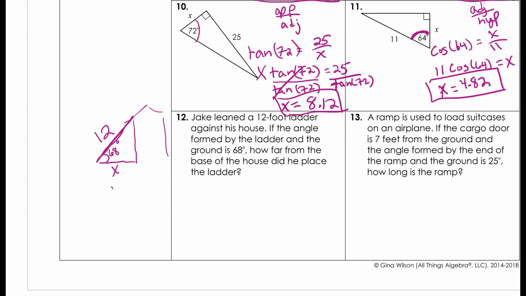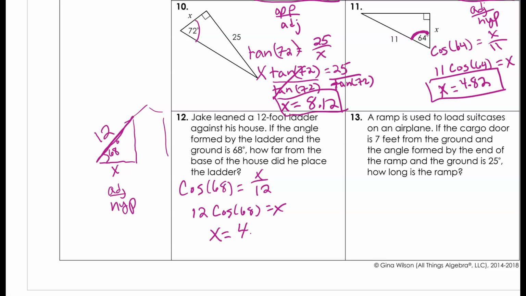So I'm looking at an adjacent over hypotenuse, which means I'm dealing with a cosine situation. Cosine of 68 degrees is equal to x, I don't know, over 12. 12 times cosine of 68 degrees is equal to x, and then whenever you solve that, you get x is equal to, now this is interesting, 4.495.